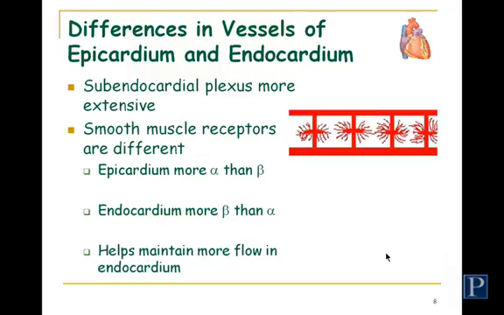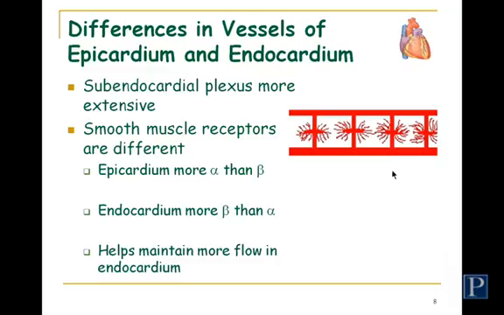There are differences in the makeup of the vessels up near the epicardium and down near the endocardium. So in this picture, this top one represents the vessels in the epicardium. This represents the intramuscular arteries that are going down, penetrating within the muscle. Down here represents the vessels within the endocardium or subendocardium.